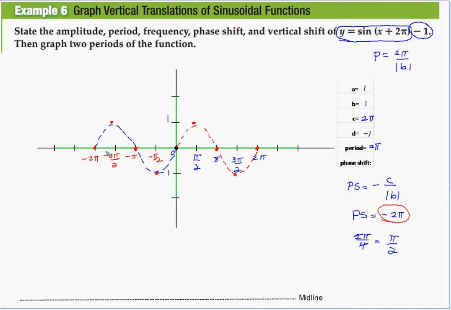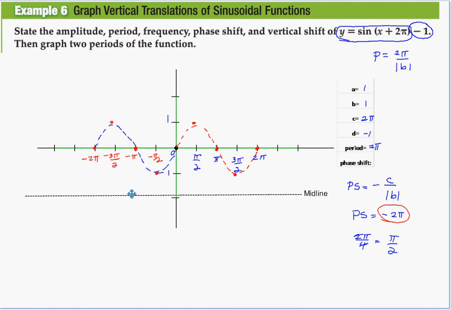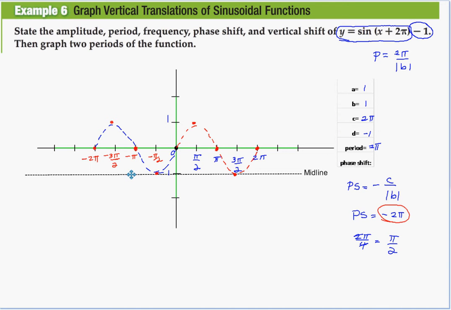Now, last but not least, we have to use our new component, which is the vertical translation, and we will need what we call the midline. That midline will be placed exactly at the number we see here, which is negative 1. But what does that mean?